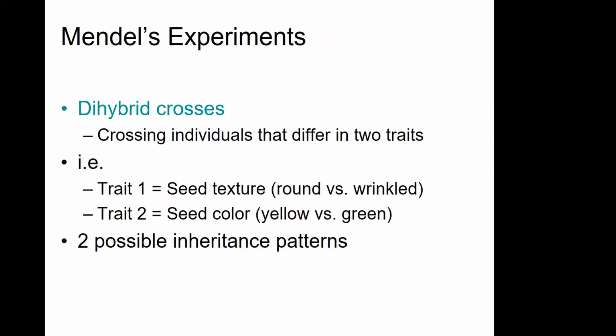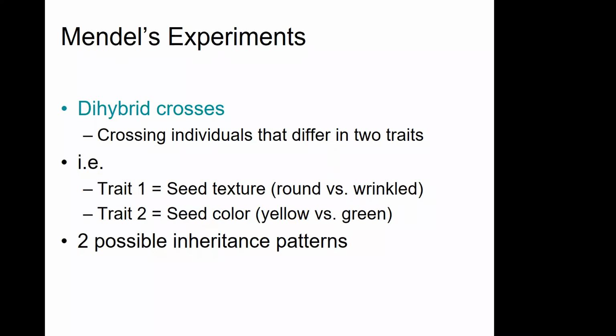So he went on to the next stage of experiments, which was, okay, I know what's happening now for one trait at a time. What happens if I track 2 traits simultaneously in a mating? This would be a dihybrid cross. The 2 traits are different. Let's say maybe the color of the seed and the shape, or texture, of the seed.